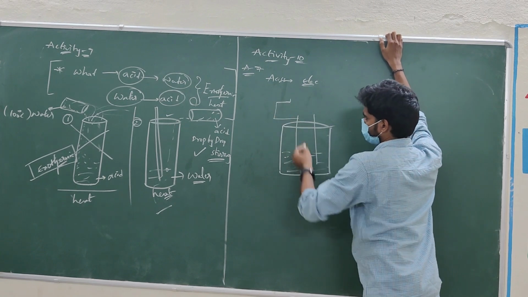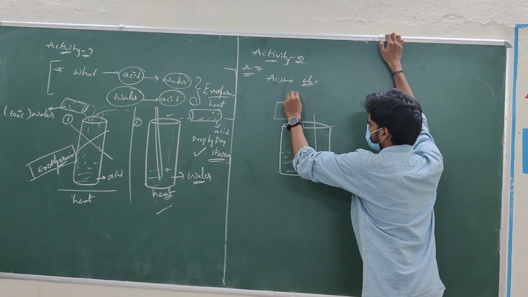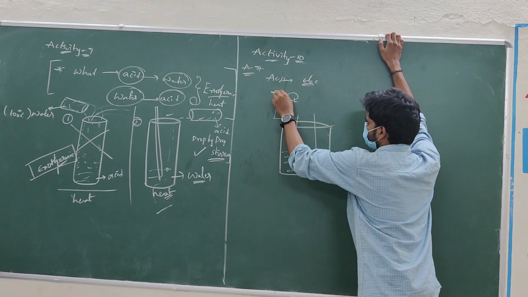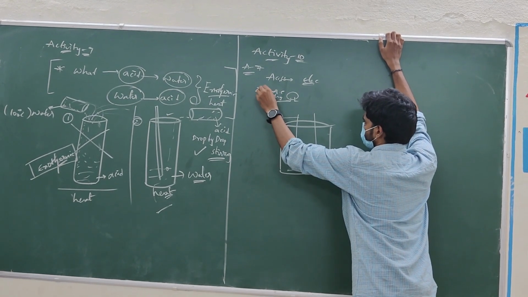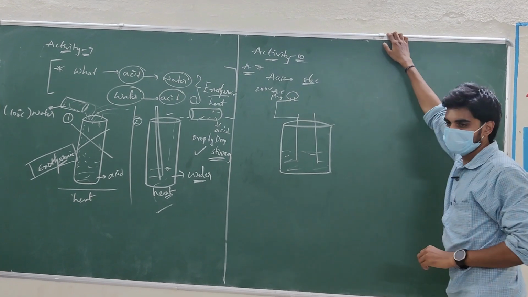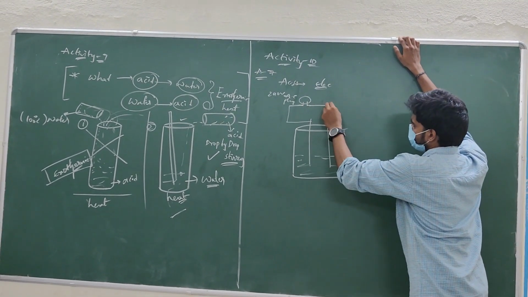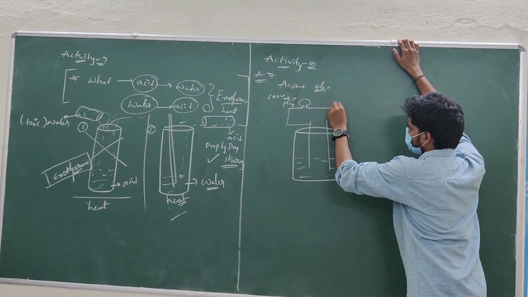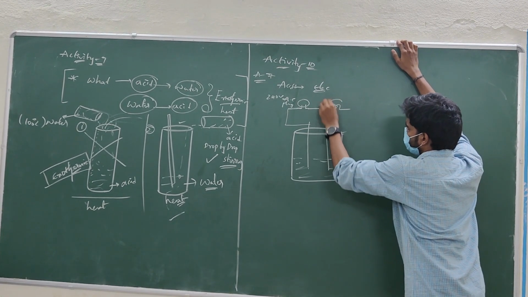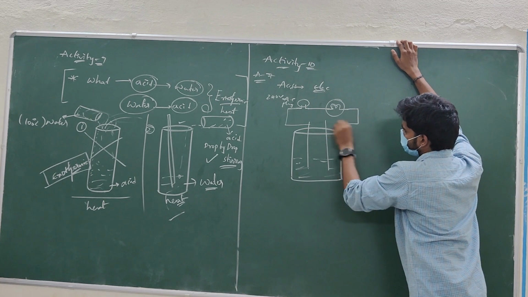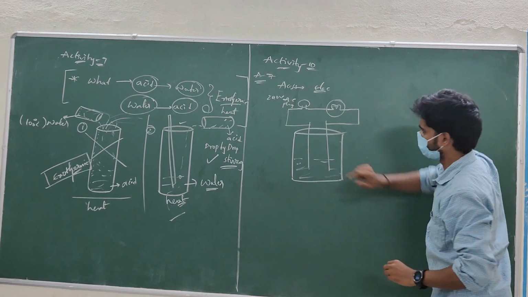Let's say it is a red color wire and it is attached to the AC plug. Its capacity is 240 volts AC plug. Okay, and this is going to be attached with the bulb. Okay, and the other end of the bulb gets attached to the other copper rod, right?